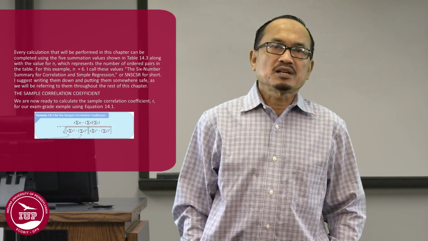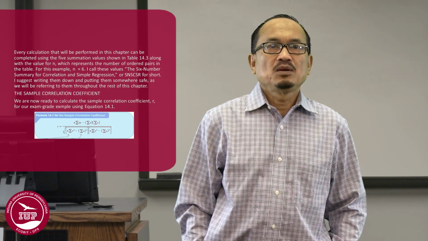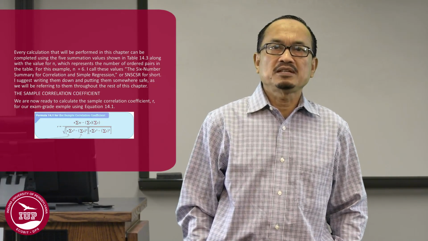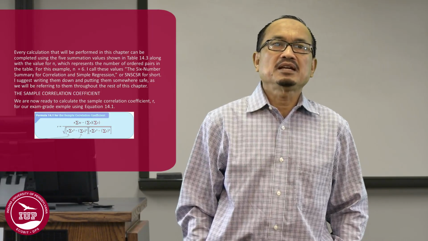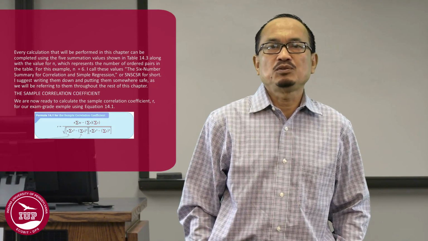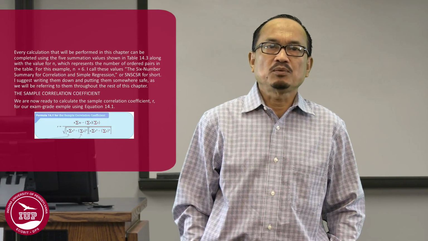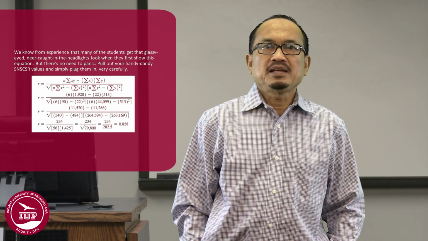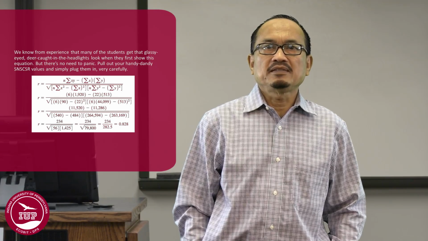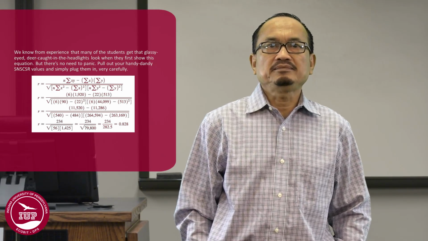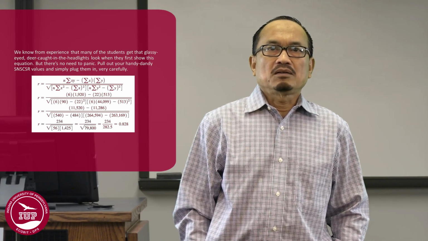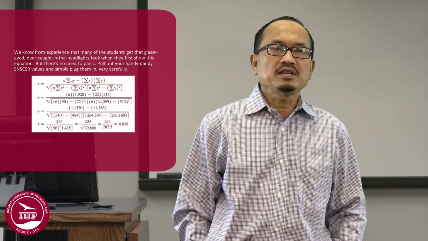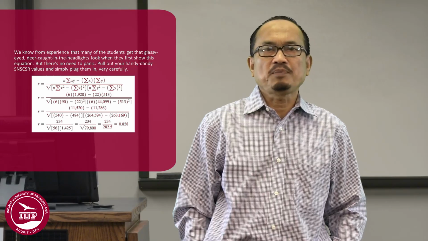The sample correlation coefficient. We are now ready to calculate the sample correlation coefficient, or R, for our exam grade example using equation 14.1. We know from experience that many students get a glassy-eyed, deer-in-the-headlights look when they first see this equation, but there is no need to panic.